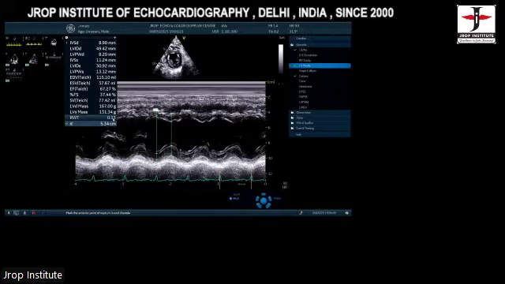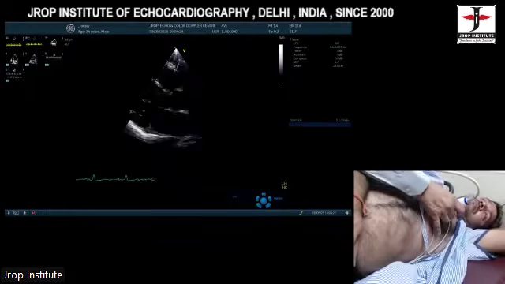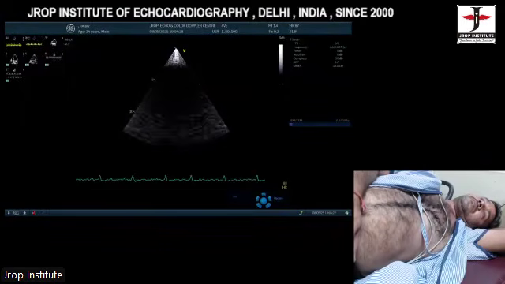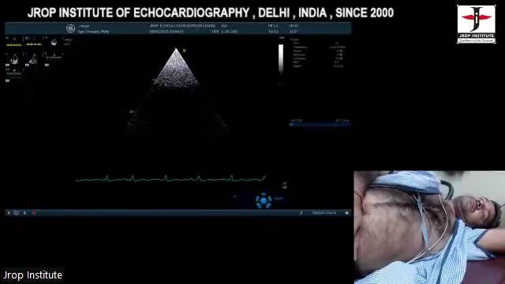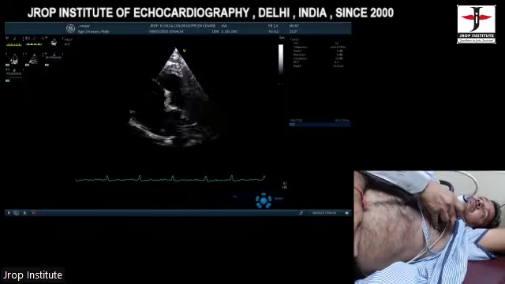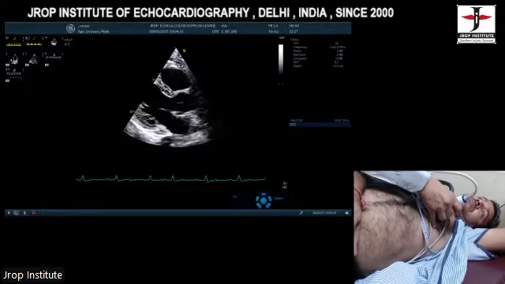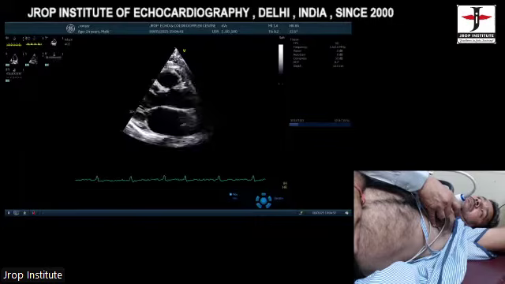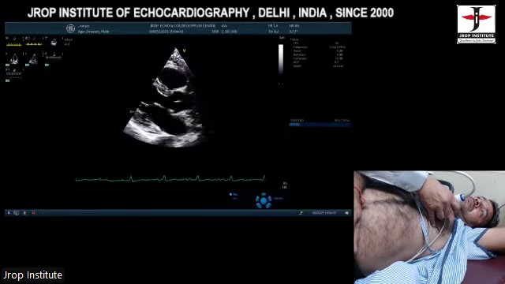I have 2 questions. First one is where to measure the LA, the specific point where I can get the LA measurement in 2D. Every time I feel I am getting a dilated LA without any reason. To answer your question, look at my screen. On the screen, you see a sector. In this sector, draw a line right into the center of the sector.